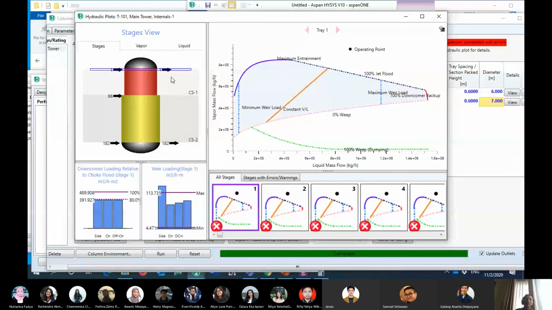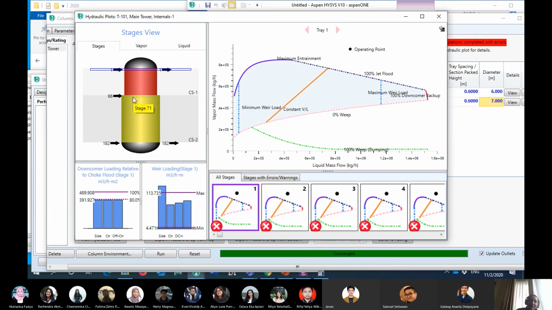So from this color you will know that in all of your enrichment section the condition is not safe because the color is red. It is the same as a traffic light: red means not okay, yellow means caution, and green means perfect.